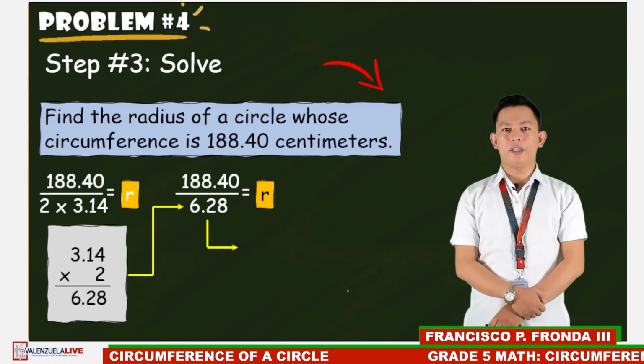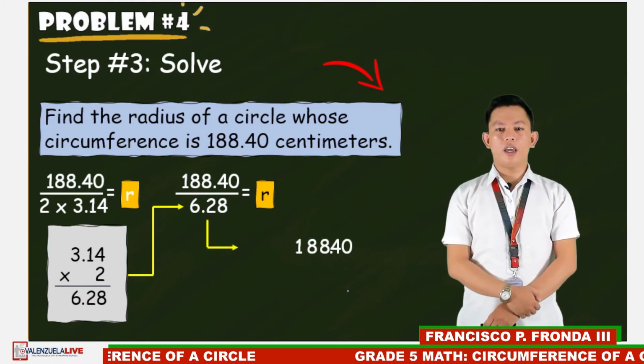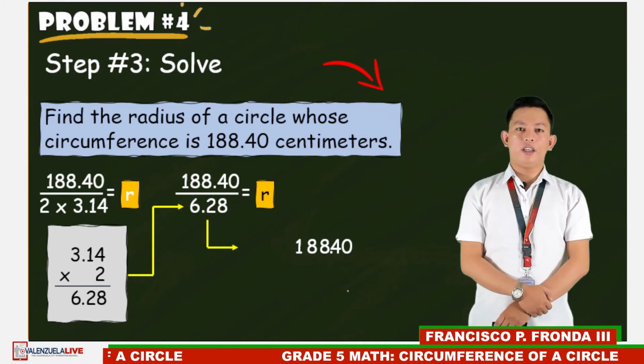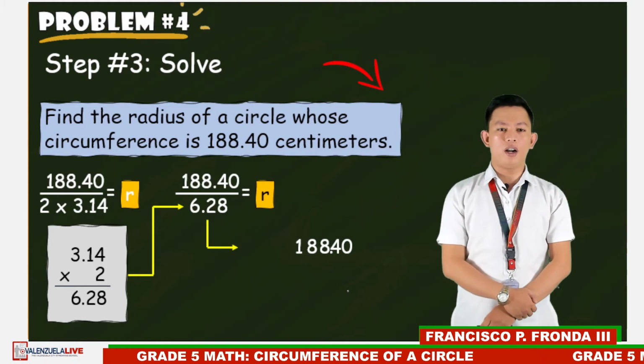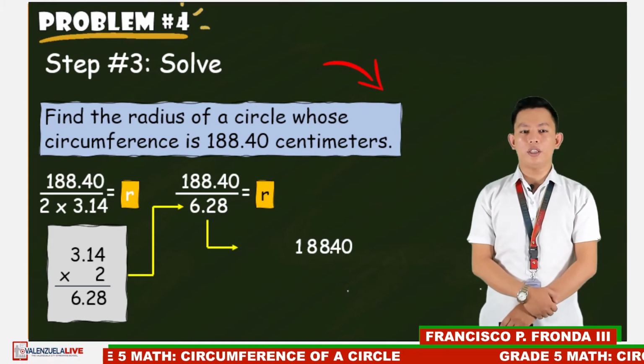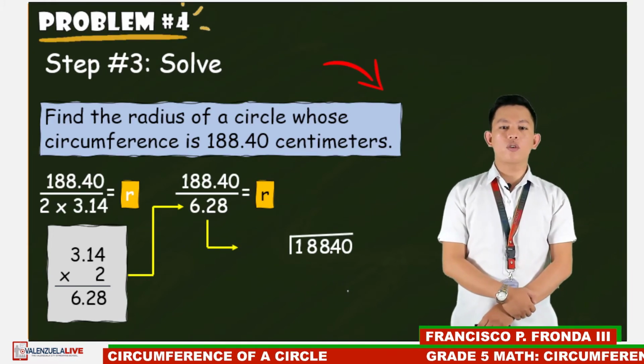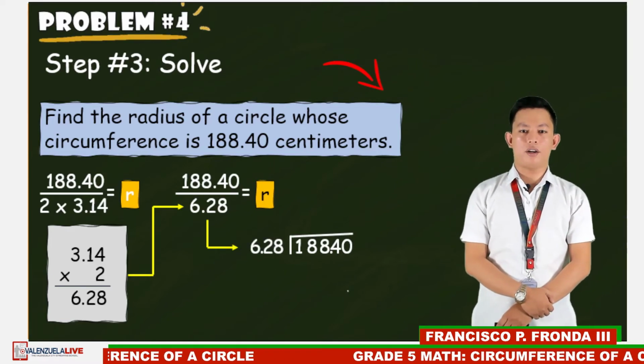Now, let's divide. So, again, 188 and 40 hundredths is inside the long division bar, and 6 and 28 hundredths is outside the long division bar.